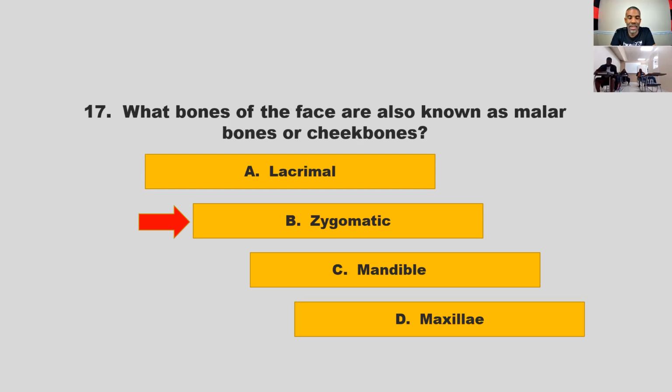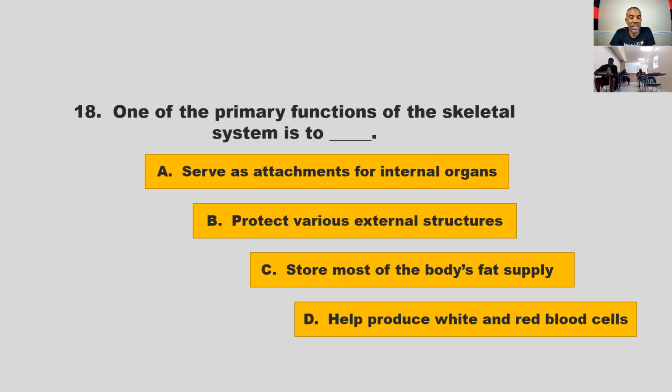Zygomatic. One of the primary functions of the skeletal system is to blank. Is it serve as attachments for internal organs? Is it protect various... you said what? It's A. So one of the primary functions of the skeletal system is to serve as attachment for internal organs.